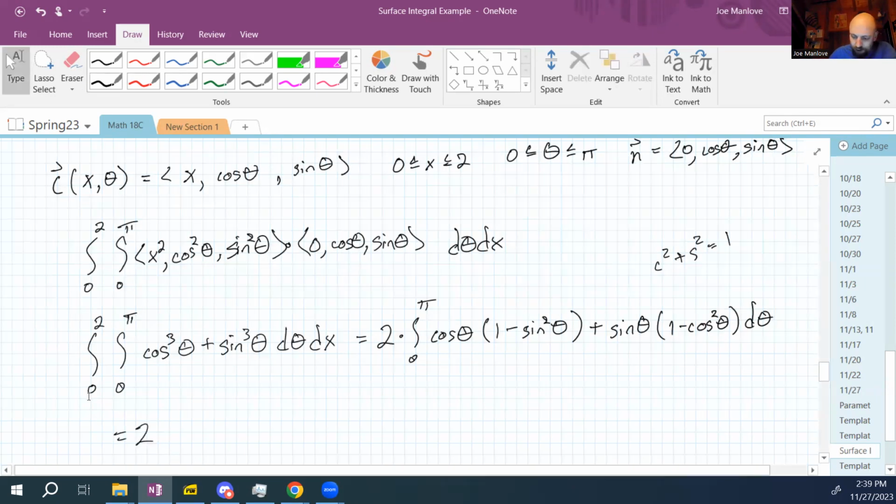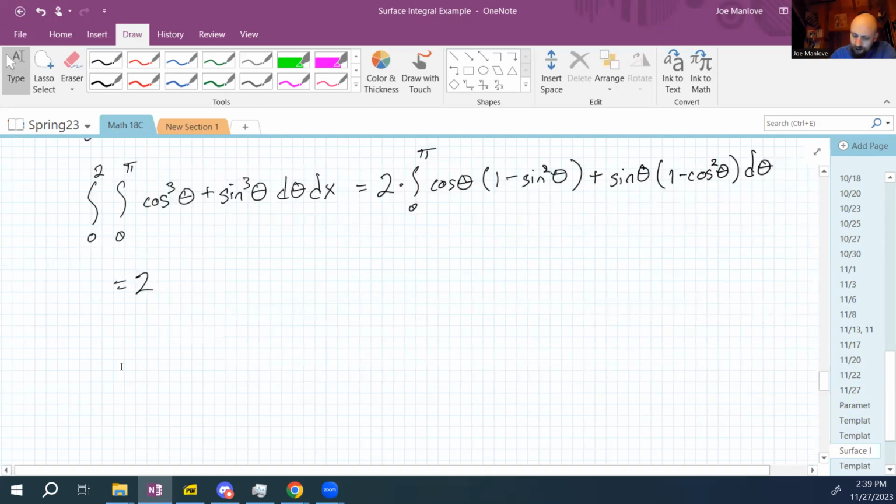Let's see. So I got a 2. And now I've got an integral from 0 to pi of cosine theta.